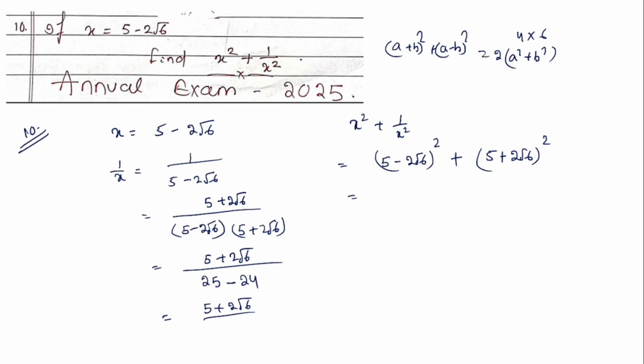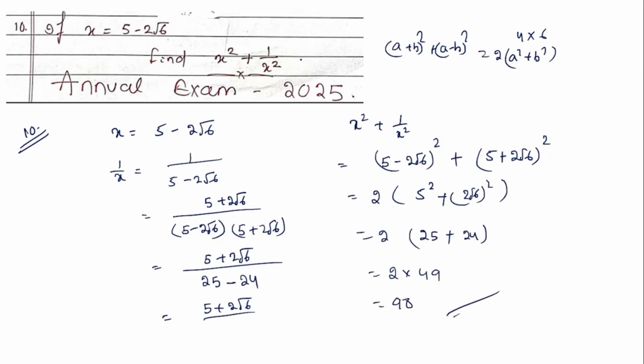So 2 into a square means 5 square plus b square, that is 2 root 6 whole square. So 2 into 25 plus 24, 2 into 49, that is 98. Answer. All of you clear?